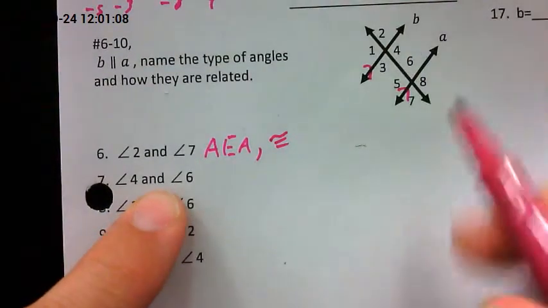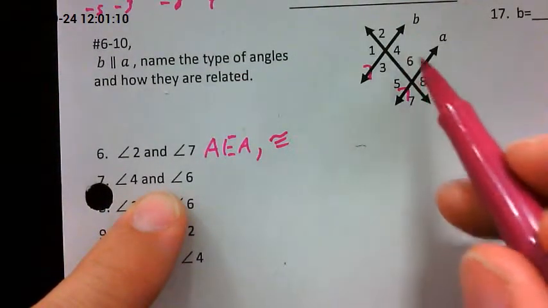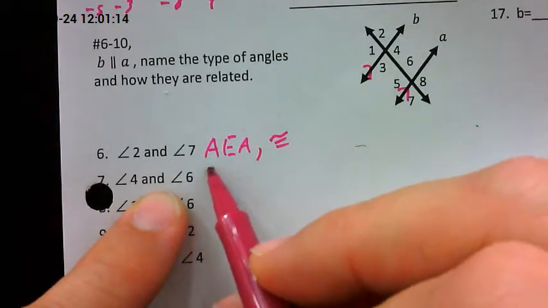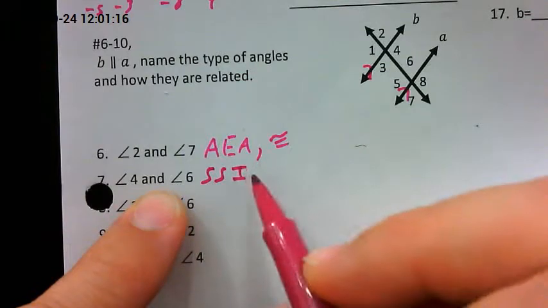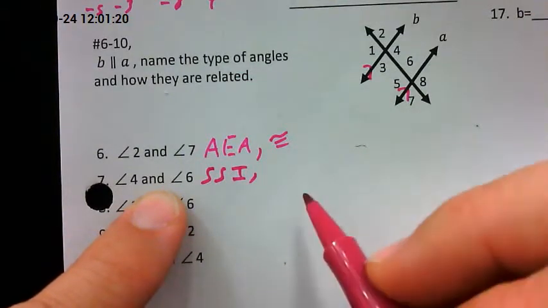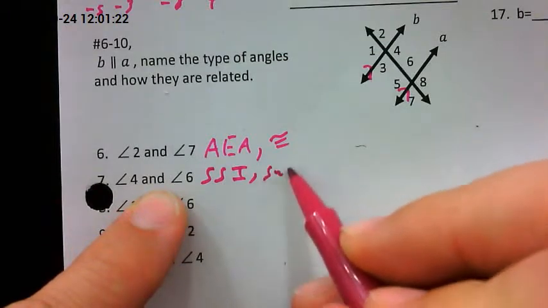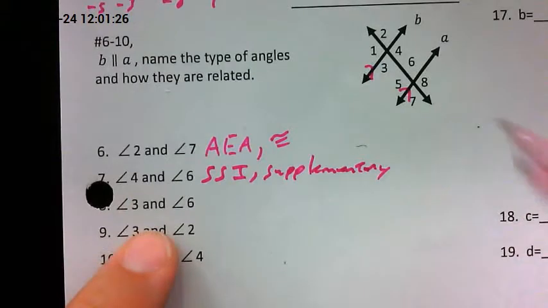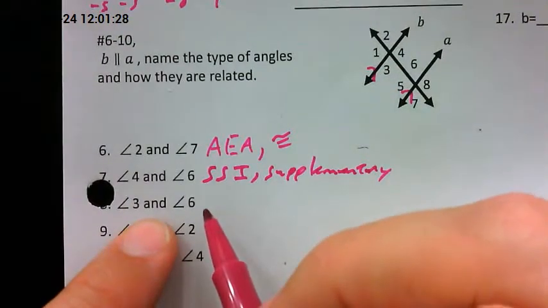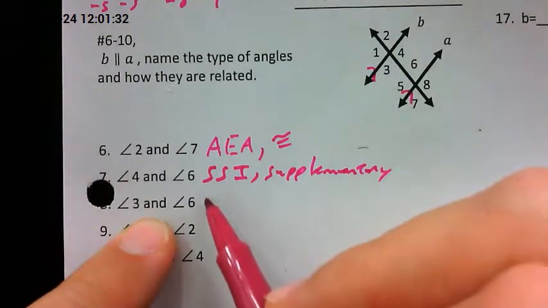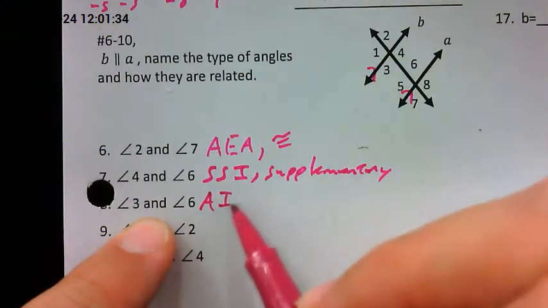All right. Number 7. 4 and 6. 4 and 6 are same side interior. And what's their relationship? They're supplementary, yeah. I don't know why I just didn't abbreviate that. All right, on 3 and 6. 3 and 6 are alternate interior angles.